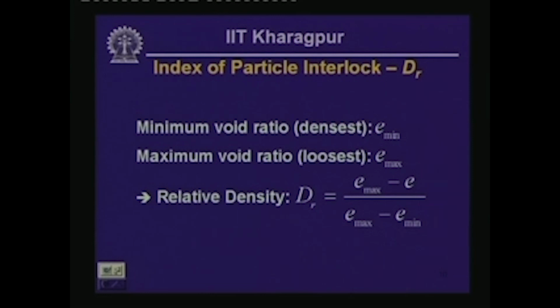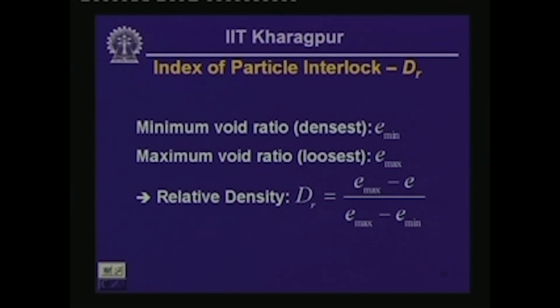So, how do we find e min? e min is found by taking a certain quantity of dry soil in a cylinder and shaking it according to specified procedures over a certain duration of time and finding out the void ratio of the resulting densified soil.